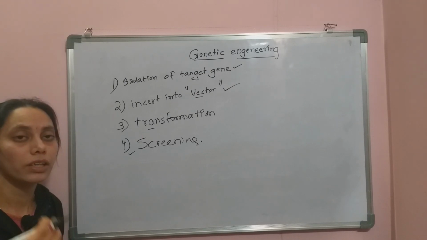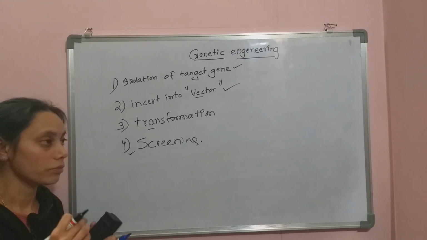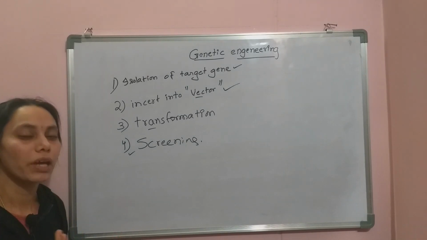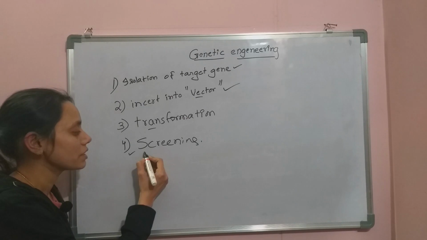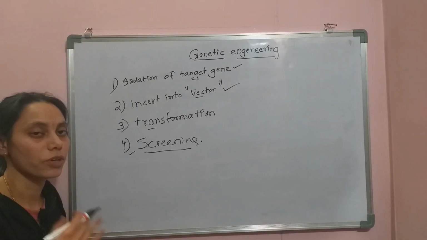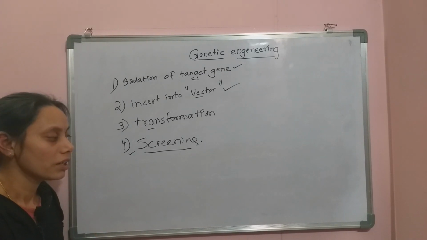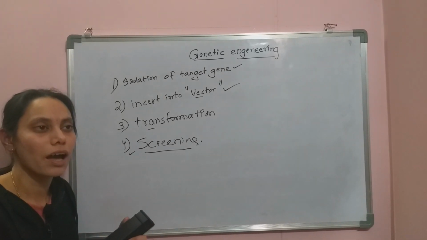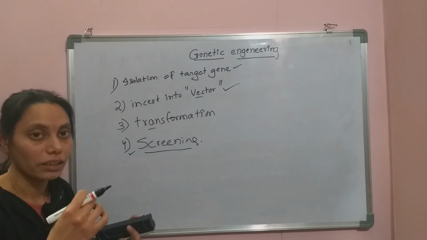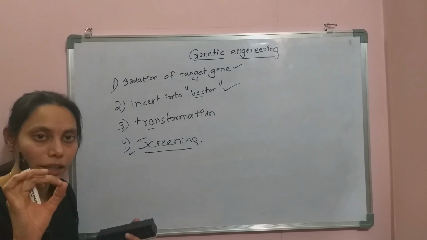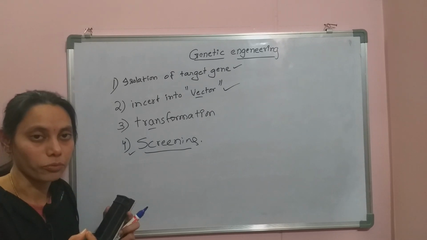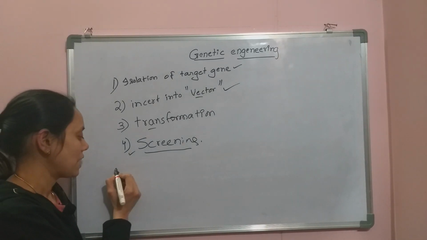Generally, there is very limited hope for that, because most of the cells may not take it up. So screening is the process which can select the transformed cells from the non-transformed cells. Even a transformed cell that has the vector molecule may not have the target DNA in it. That means self-ligated vectors without the target DNA can also be transformed. So we need to go for selection.